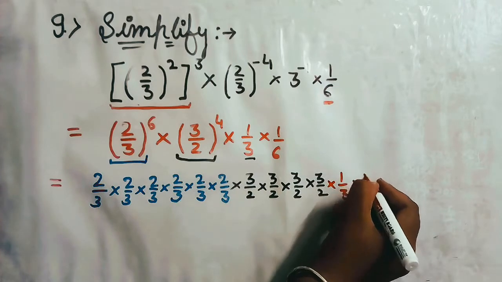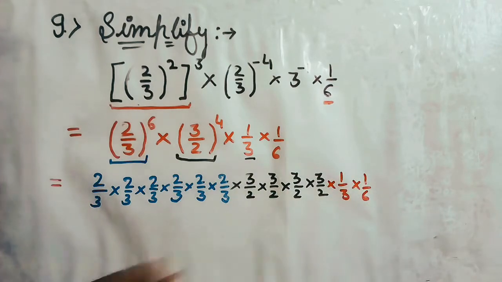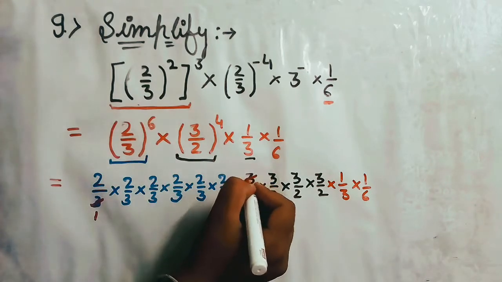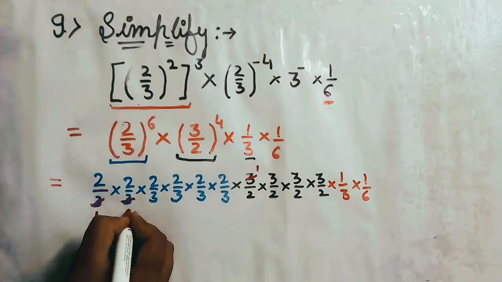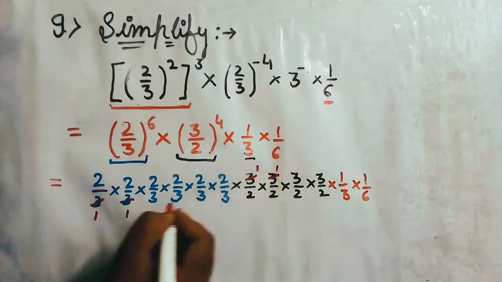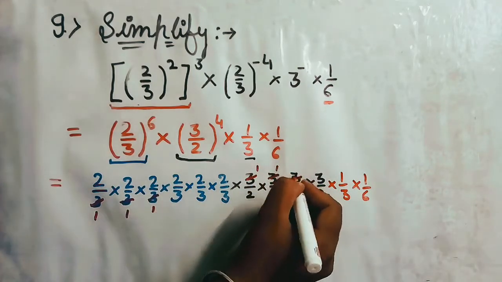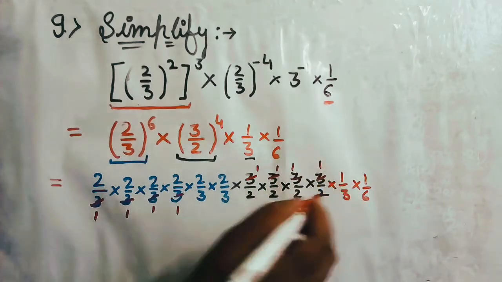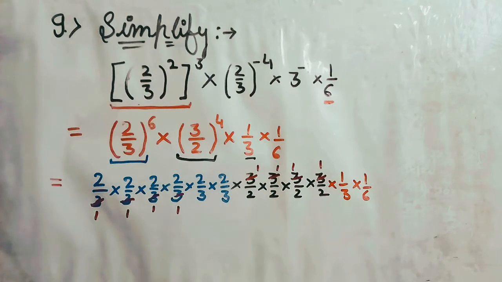Same 1 upon 6 is simplified, so multiply by 1 upon 6. Now divide the same terms in numerator and denominator. 3 ones are 3, 3 ones are 3, 3 ones are 3, and this 3 also 3 ones are 3. 4 times 3 was there.